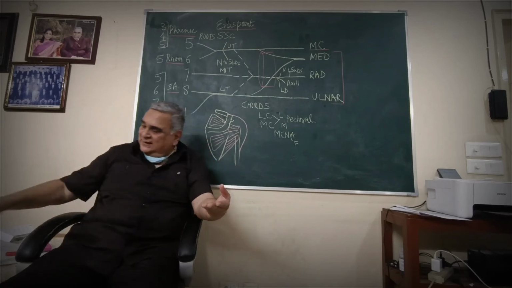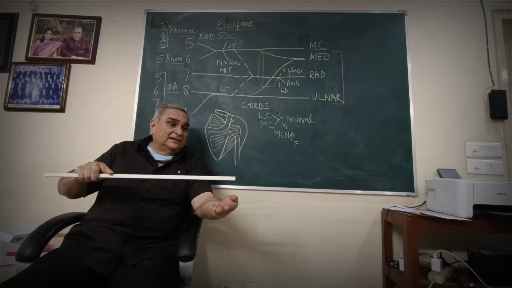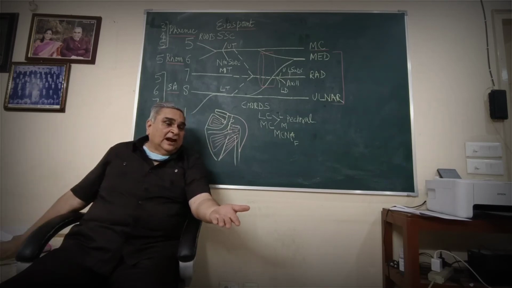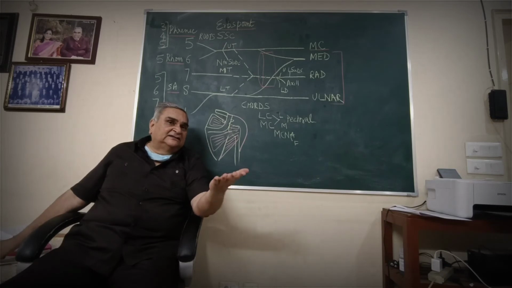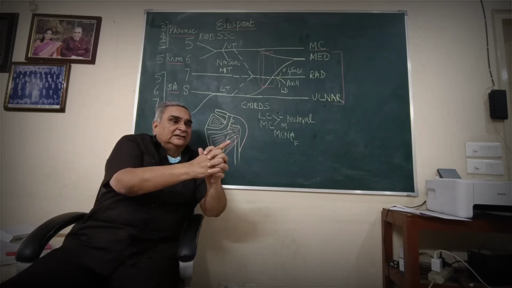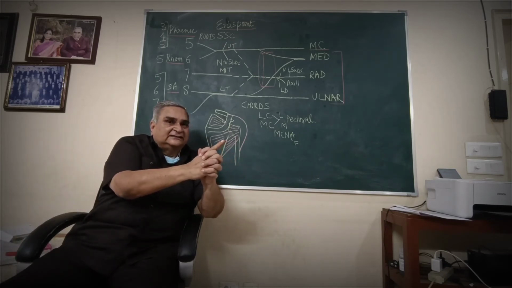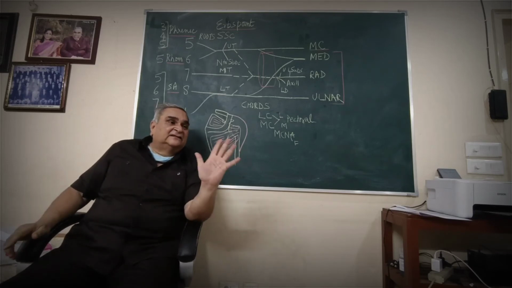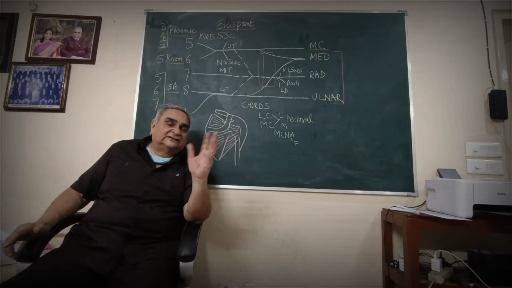You put a pen here, and ask this patient to do this. This is the pen test, and the high median nerve paralysis is tested by the pointing index test. Then there is sensory loss in 3.5 fingers.